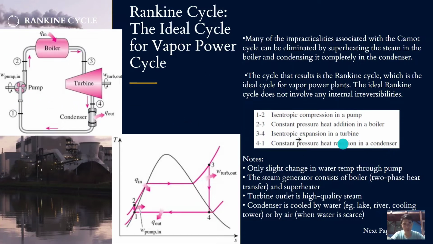Process 2 to 3 is constant pressure heat addition in a boiler.